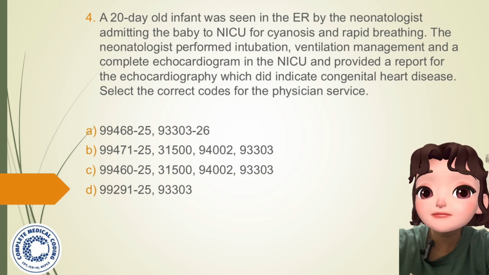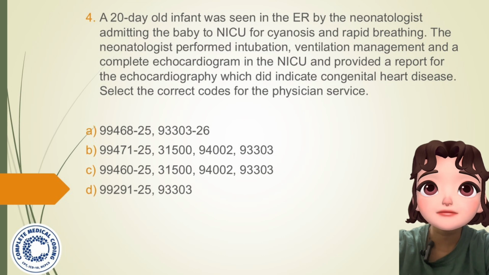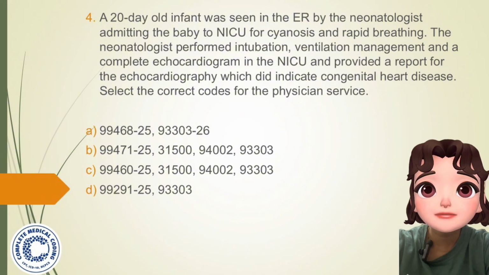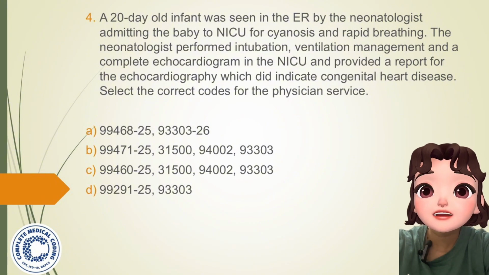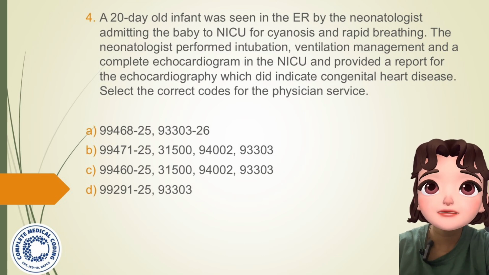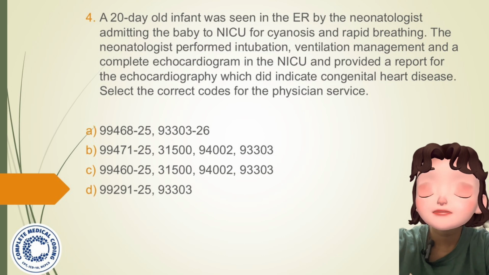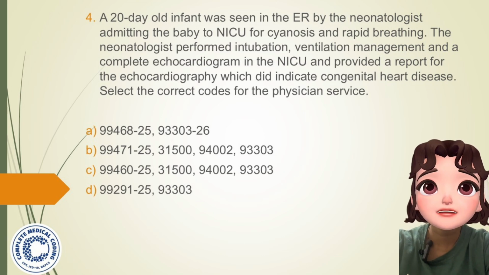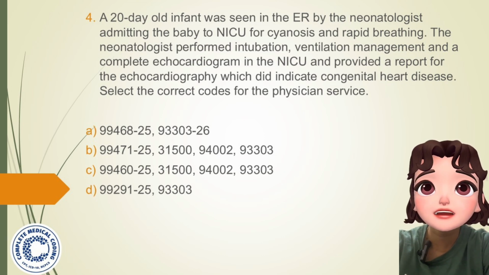If you want, we can just look into the other CPT codes also for the neonatal. What is 99471? 99471 is inpatient initial pediatric critical care per day. This is not per day, this is just initial neonatal care, which we already got. What is 99460? 99460 represents initial hospital or birthing center care.